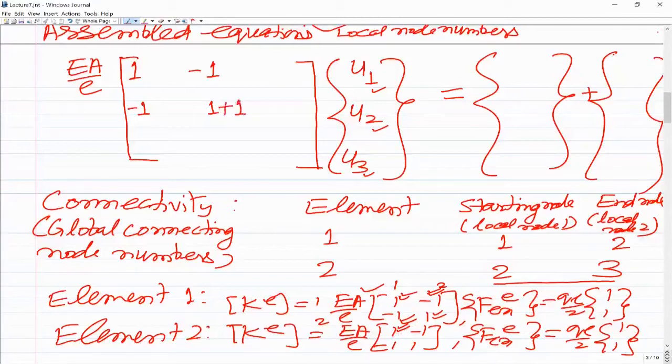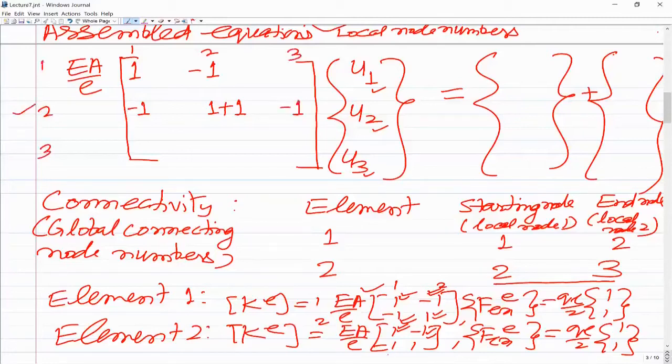So this will be plus 1 over here. Then the minus 1, which is the first row and second column of the second element, will go to the second row and third column of the global system. These are the global columns 1, 2 and 3, and these are the global rows 1, 2 and 3. So it would be added over there.